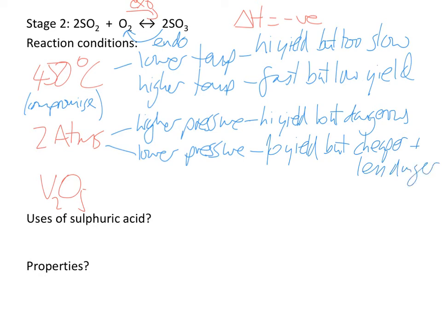So we use, again, a compromise pressure. We're compromising between cost, danger, and yield of sulfur trioxide. So we use something in the middle. We don't use a sky-high pressure, nor do we use atmospheric pressure.